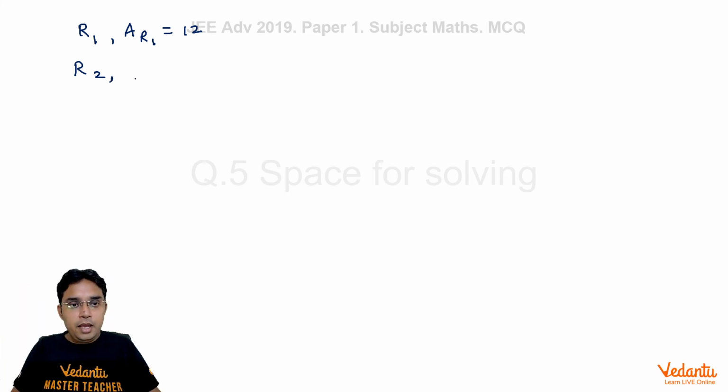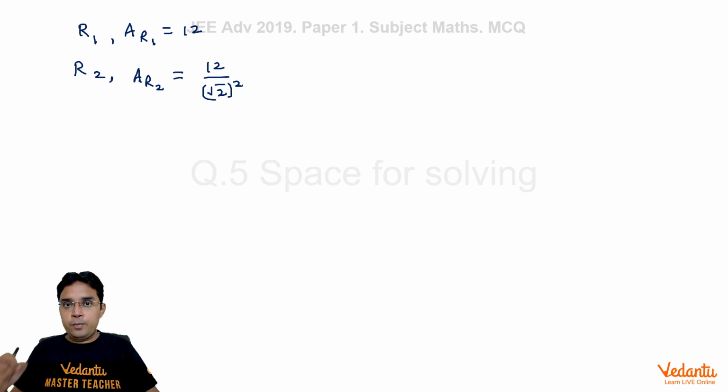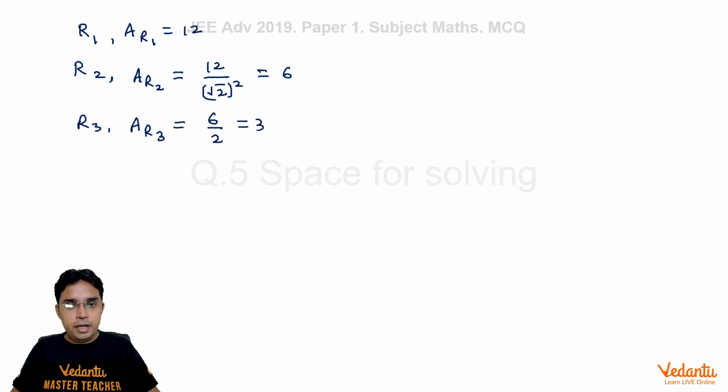So the area of the second rectangle becomes 12 upon root 2 square, because both sides are becoming 1 upon root 2 times. So the area becomes 1 upon 2 times, which is 6. Similarly for R3, AR3 will be 6 upon 2, that is 3, and so on.